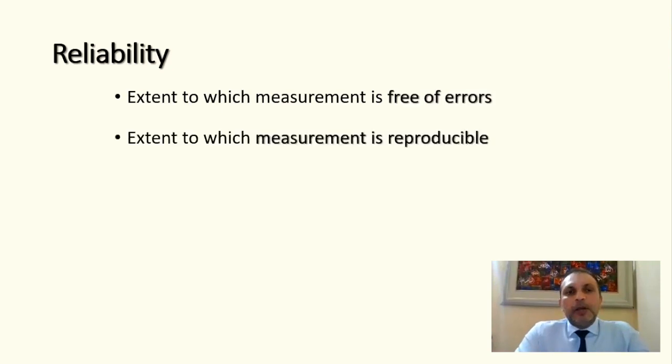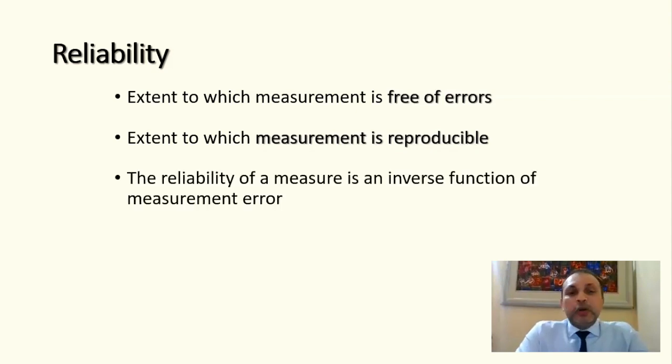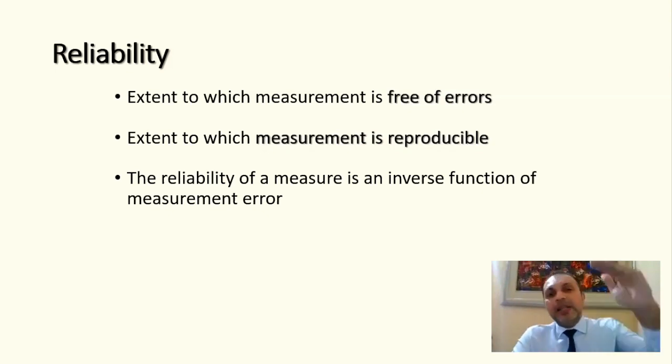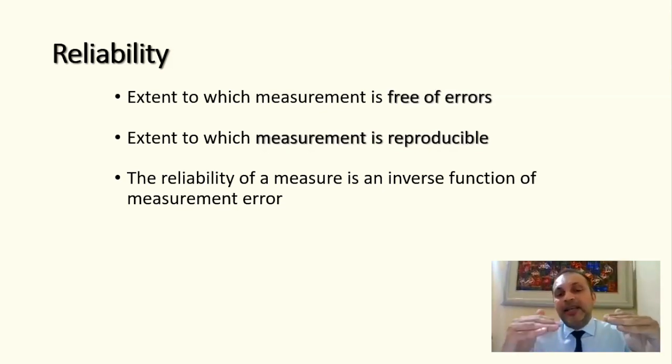The extent to which measurement is reproducible is a very common definition, and you will find it in all books. So the reliability of an assessment or a score is the inverse of error. The higher the reliability, the less the error; the lower the reliability, the higher the error.